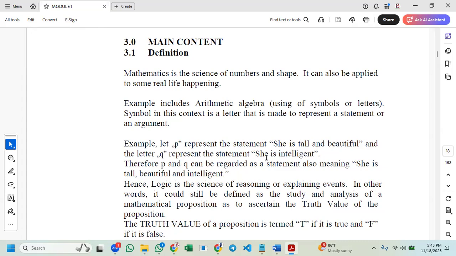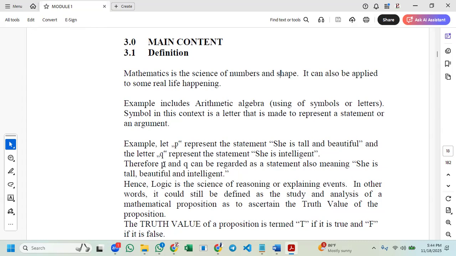We have two things now. One symbol P represents a statement that says she is tall and beautiful. The other one is a symbol Q that represents the statement she is intelligent. Now, let's see what we want to do with this.